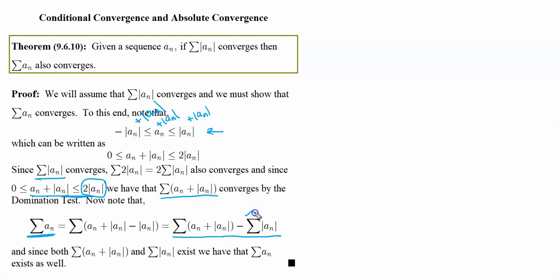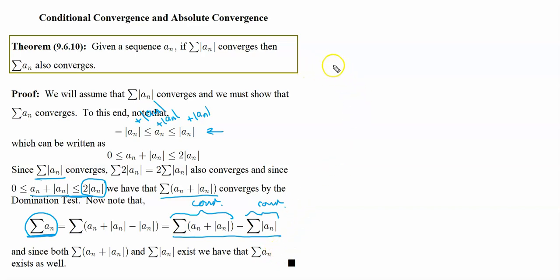Now we know that this series converges, that we assumed, we were given that, and we also deduced that this series converges. Therefore we know now that this series must converge because it's the difference of two convergent series. And there you go, we've completed our proof.